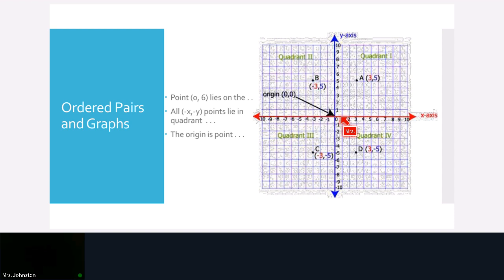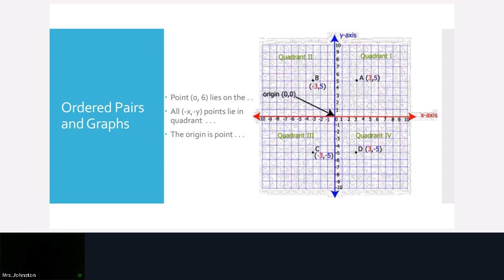You can see that there's a pattern for all of the points in each of the quadrants. Down here in quadrant C, for instance, all of the X values and the Y values will be negative. That's because when you plot a point, you start at the origin and you move left or right depending on whether the X is negative or positive.